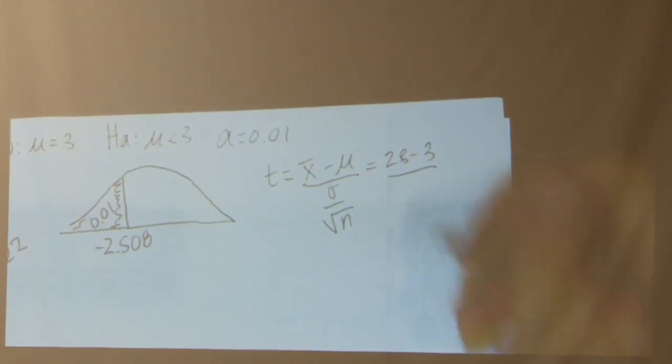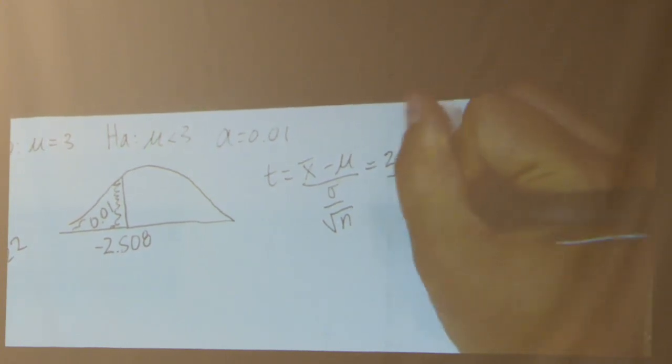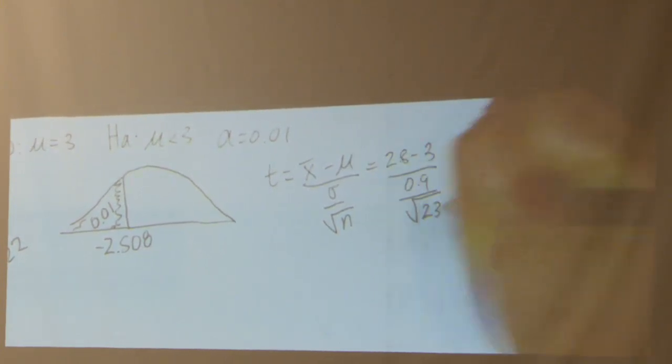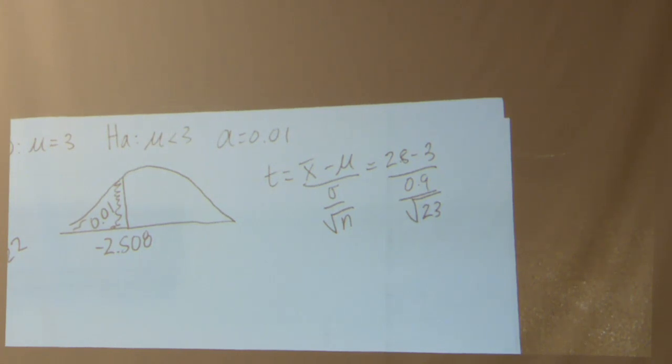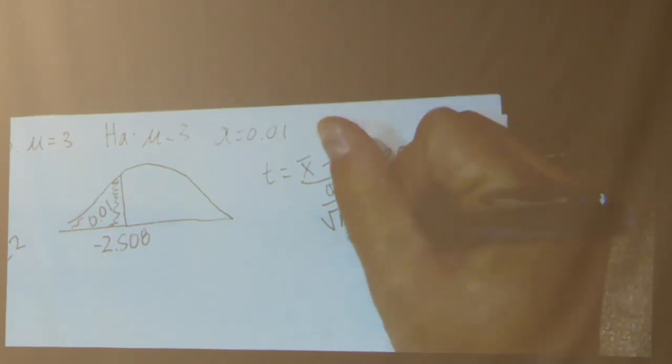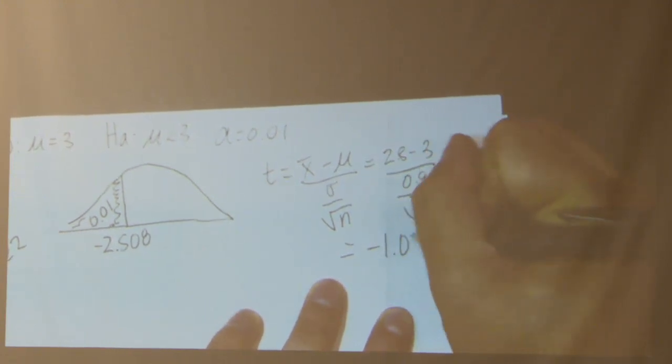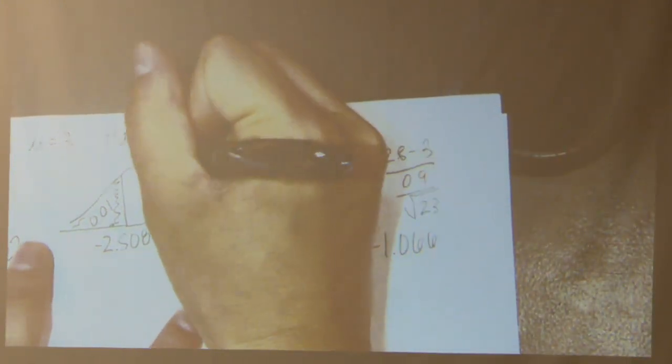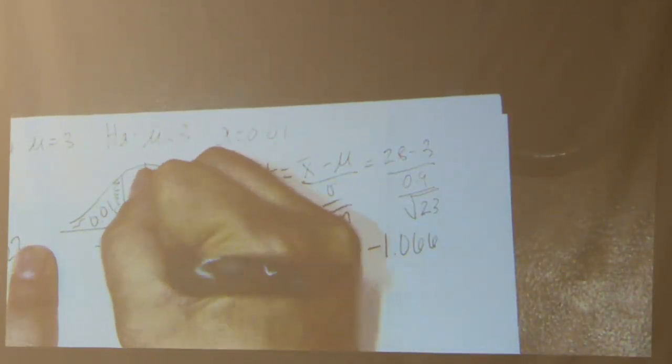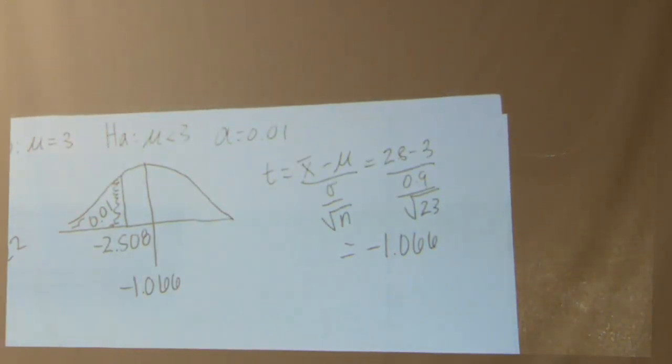Our standard deviation was 0.9, and our n value was 23. So that gives us a value of negative 1.066, which does not go in our rejection region. So again, we're going to be failing to reject.